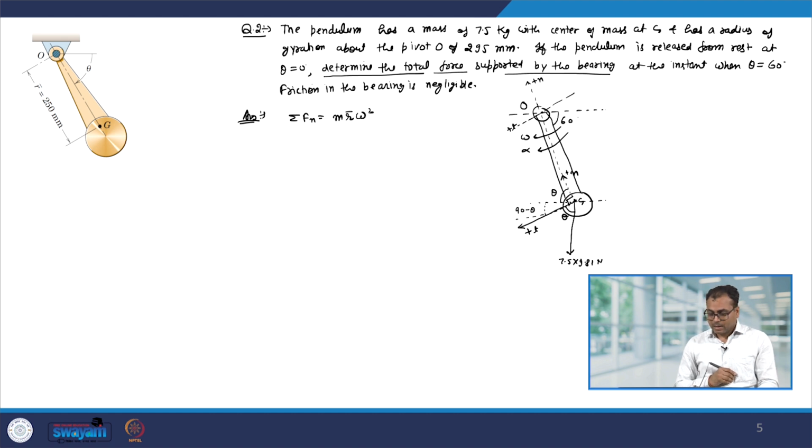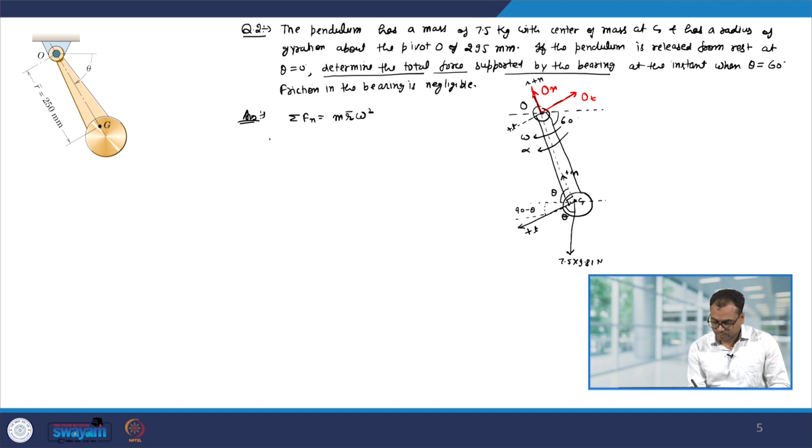Let us identify the forces in the n direction. At O we have the reaction forces, let me mark them in red. At the pivot we have the reaction forces also. So, let us say we have from O in the t direction and from O we have the force in the n direction. Now, let us balance all the forces.